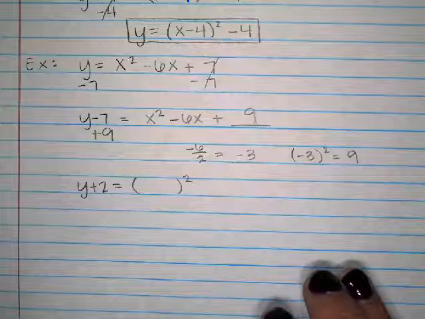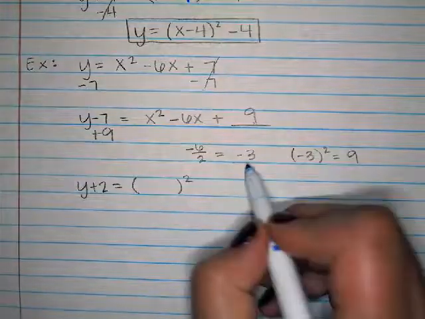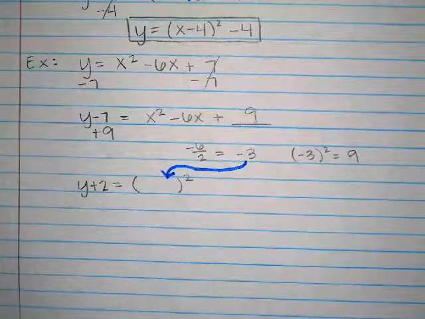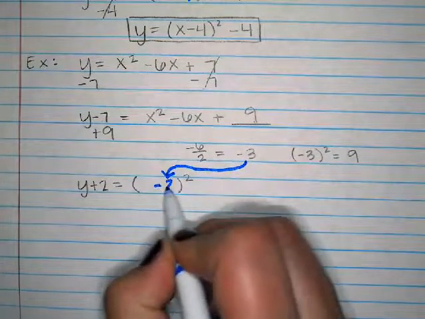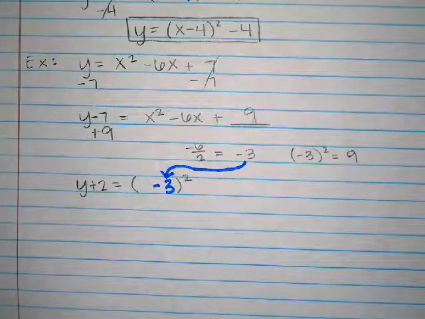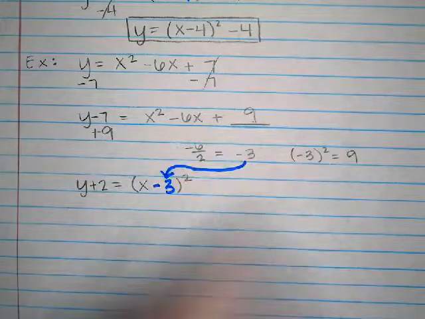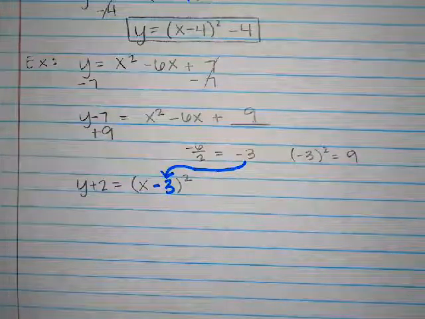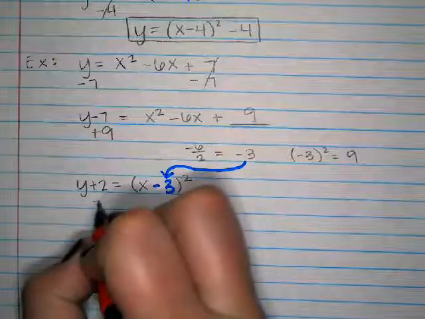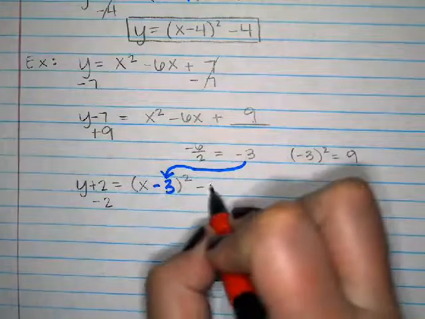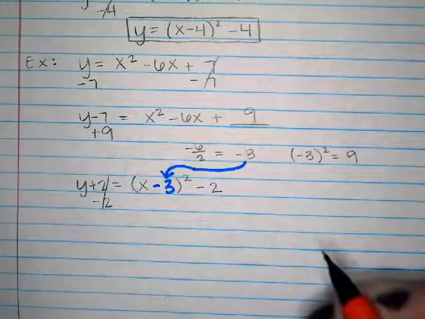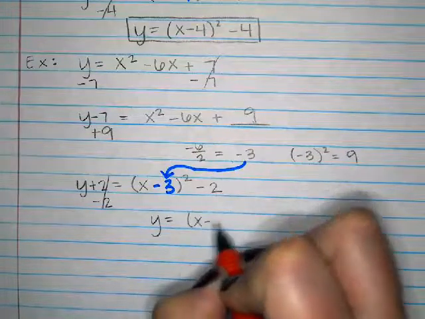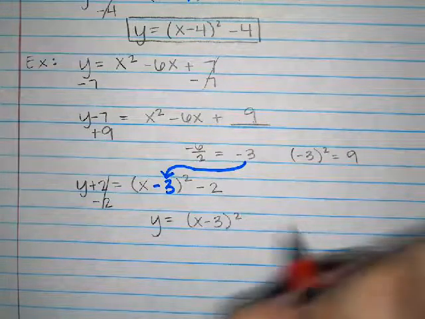X minus 3. So when we divided by 2, we got negative 3. And so that's what goes in the parentheses. So we have x minus 3. Okay? And then how do we get the y alone? Subtract the 2. So we have y equals x minus 3 squared minus 2.